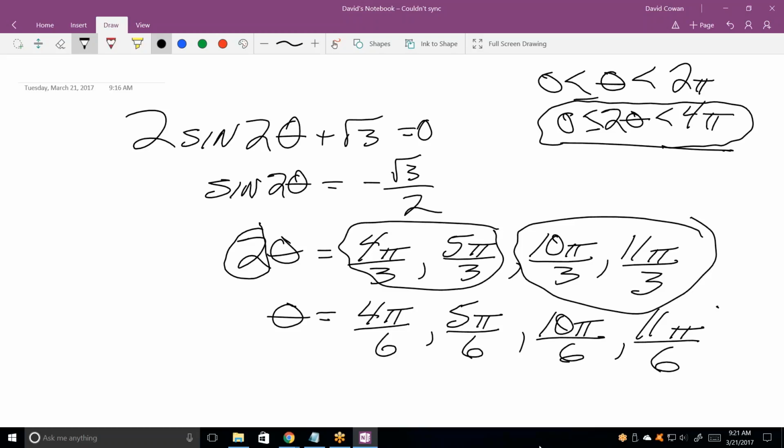In other words, that means I got to go 2 unit circles out. If this was a 3, I'd have to go 3 unit circles out. 4, 4, and so forth. You still always end up with your final answers in the unit circle, but you end up with more of them. In other words, you make this a 4 theta, and we're going to end up with 8 answers, all of them in the unit circle.